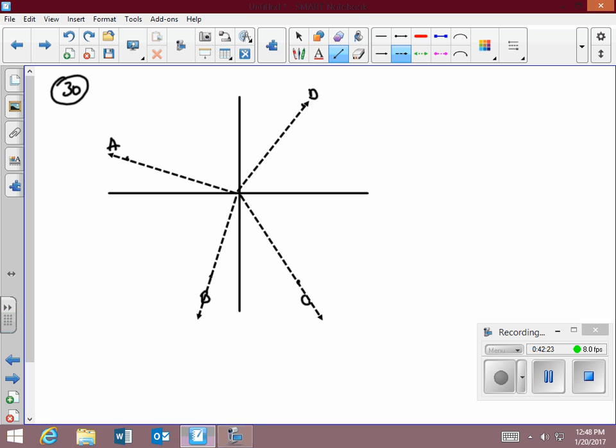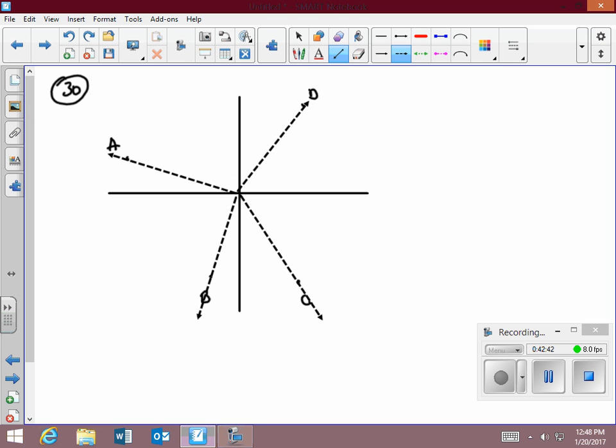Are they looking for an exact degree? Yeah, but the thing is, when I give you the problem, I'm gonna give you these angles, and then you'll have to tell me. So let's see, 30.